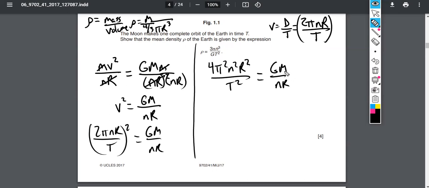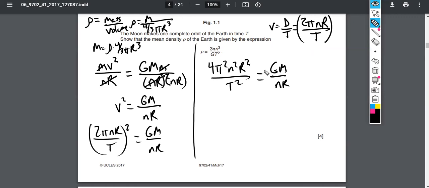Now we need to substitute for mass, right? Like I said, we need an expression for mass. There is no capital M in this, but there is a density, right? So we'll rewrite this as the mass equal to rho times 4/3 pi r cubed, right? Just multiplying both sides by the volume.